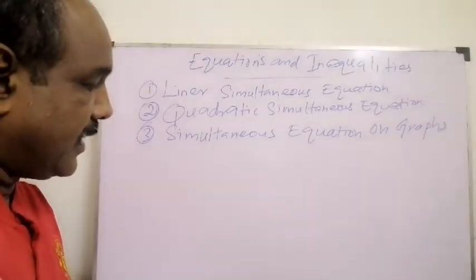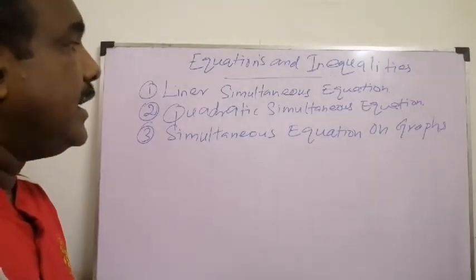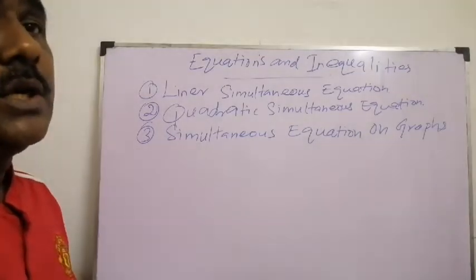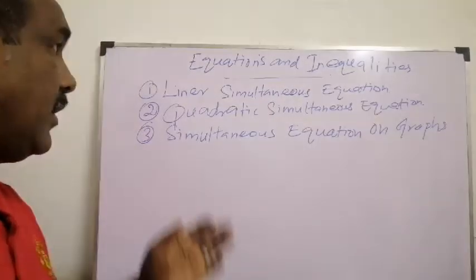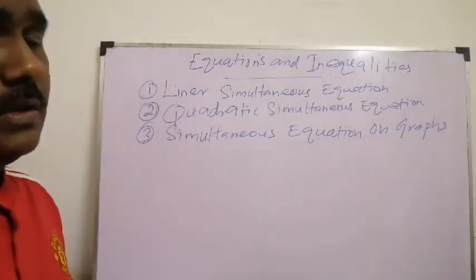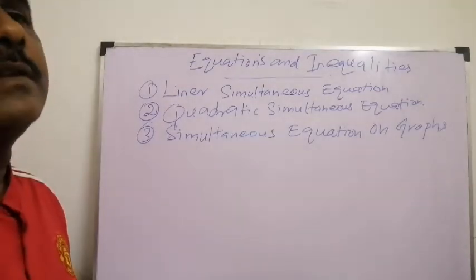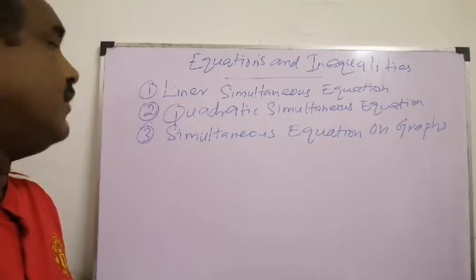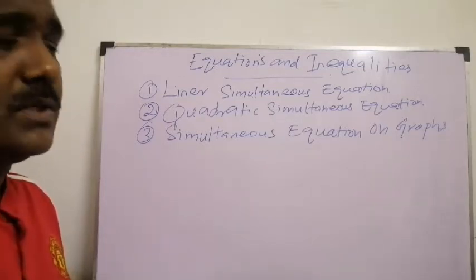Okay, next is quadratic simultaneous equations. That means you have to go the substitution way and form a quadratic equation, then you solve the quadratic equation, and you get two sets of values: two values for x and two values for y. Then simultaneous equations can also be used on the graph.